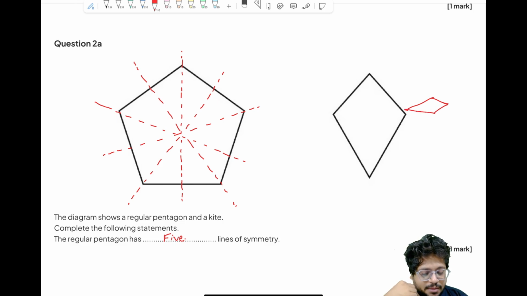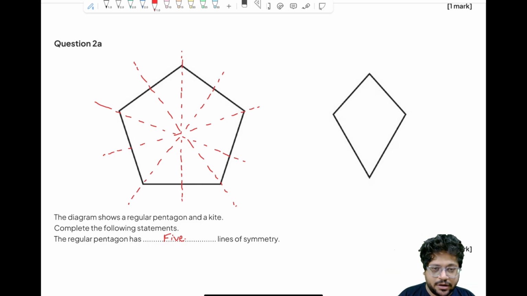But it is not the same as the original one, so it is not symmetric. Then if I rotate it by, let's say, 180 degree, then it will be upside down, which is also not the same. So in the case of kite, if you rotate it by 360 degree, the whole circle, then only you will get the same figure.